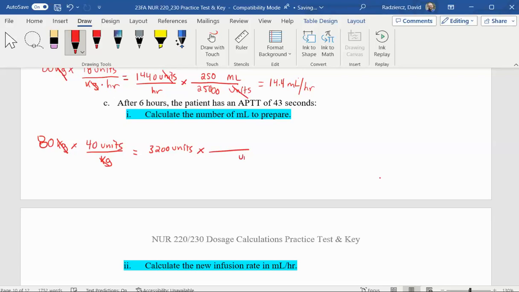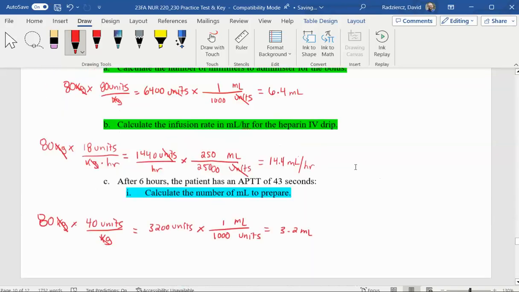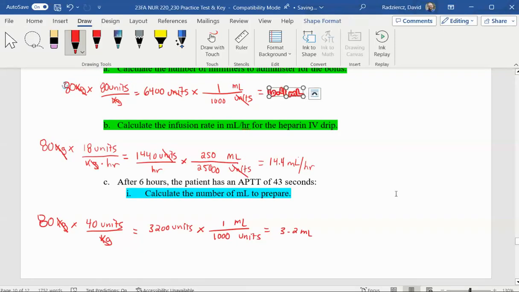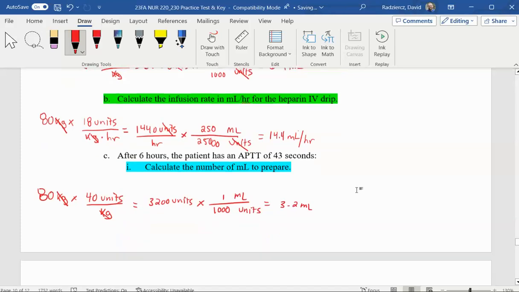And then we're going to use our same bolus dose strength, remember that was 1,000 units per milliliter. And we're going to get 3.2 milliliters, which is exactly half of 6.4. That's exactly what we were looking for, which makes sense.